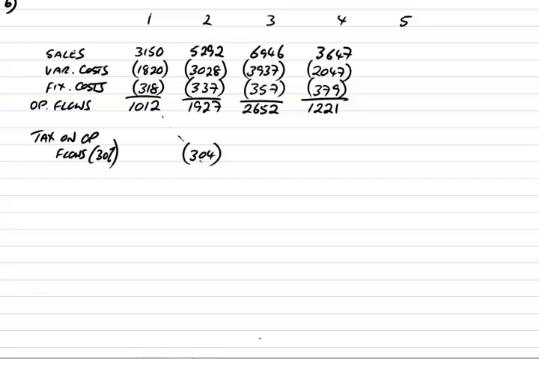So a tax payment of 304, and similarly, year 2 is 1927. 30% of that is 578, but it's 1 year later. Year 3, 2652. 30%, 796, 1 year later. And finally, 1221. 30% is 366.